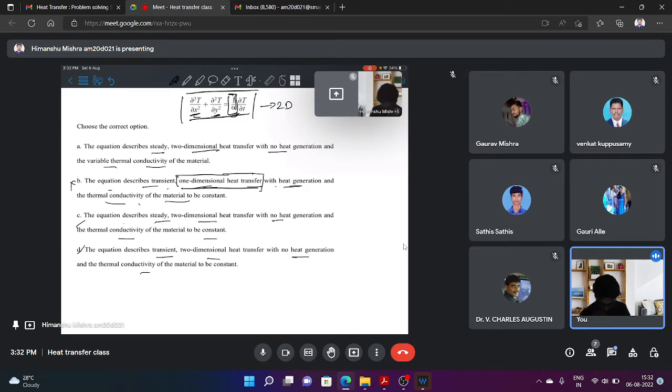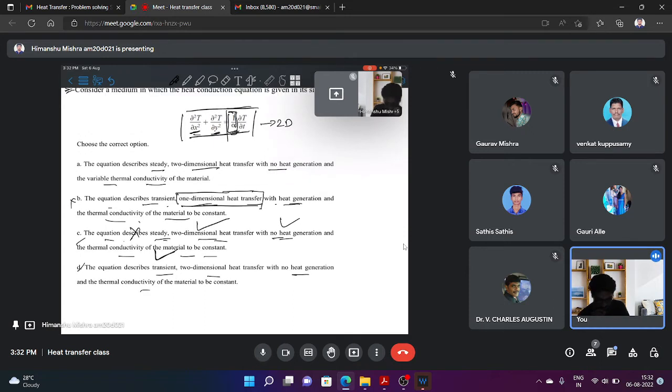The equation describes steady two-dimensional heat conduction, no heat generation, constant material property. So these are correct points, like the properties are constant. Yes, there is no heat generation. Yes, the equation is two-dimensional. But this equation is unsteady, so we can see that the variation of temperature with respect to time is non-zero.